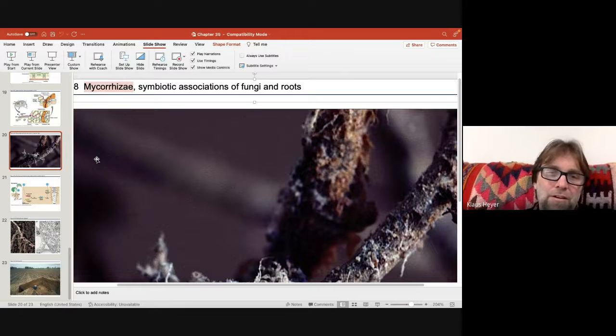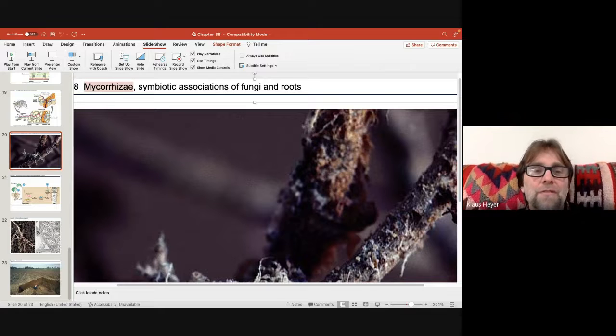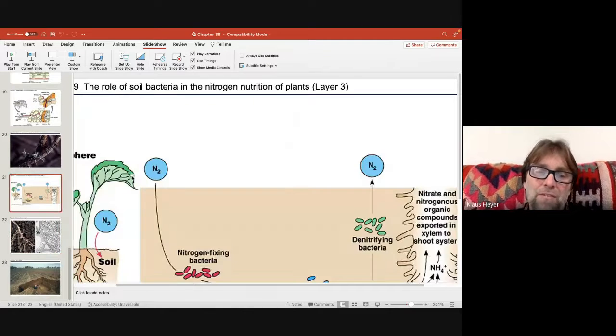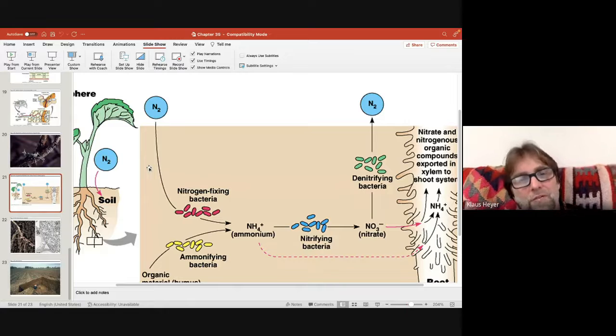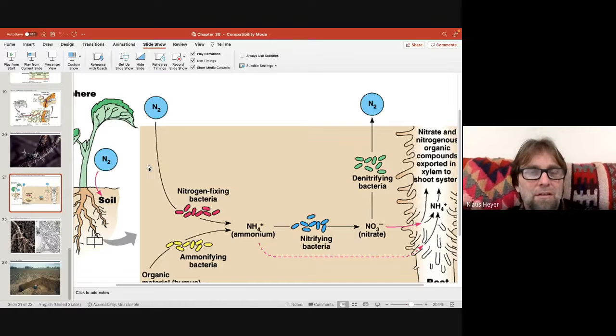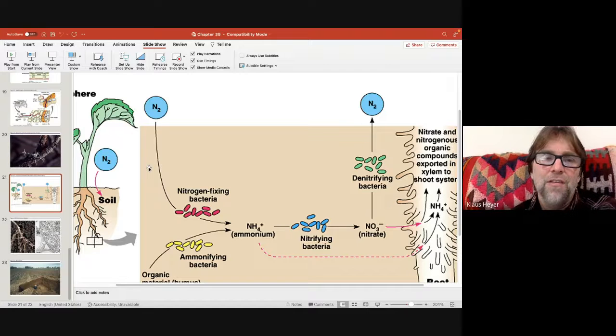Sugar from the plant. Nitrogen fixing bacteria. What is it taking from the plant? It's taking also sugar. What's it giving? Nitrogen. It's fixing nitrogen. So you have mycorrhizae fungus, you have nitrogen fixing bacteria. Those are two examples of symbiotic relationships.